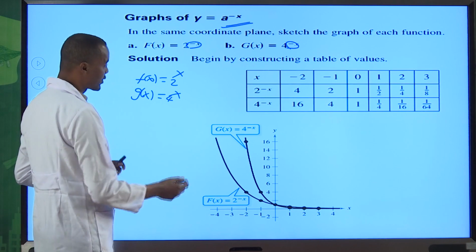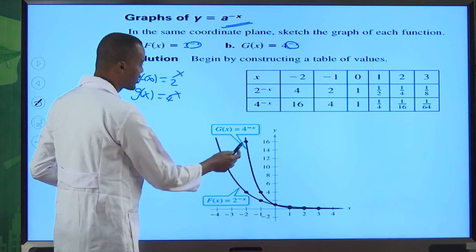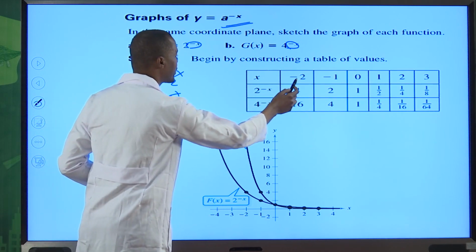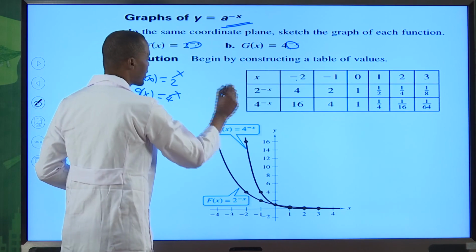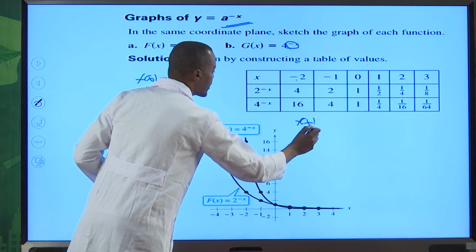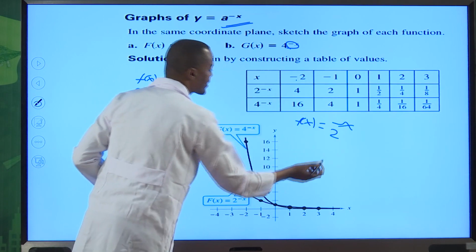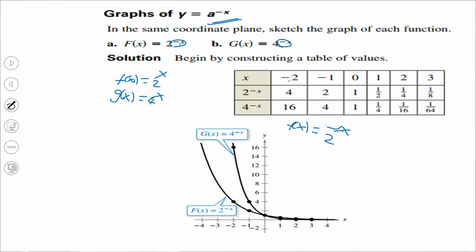In order to plot the graph of a function such as this, f of x equals 2 to the power of minus x, if I substitute minus 2, minus of minus 2 will be positive 2, and 2 squared is 4. If I substitute minus 1, 2 to the power of 1 is 2.